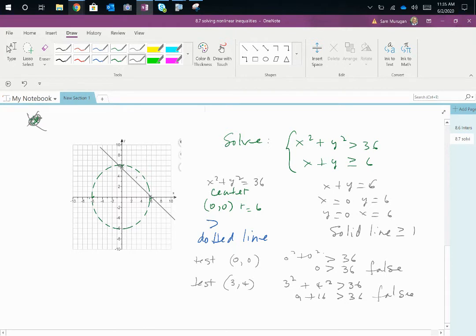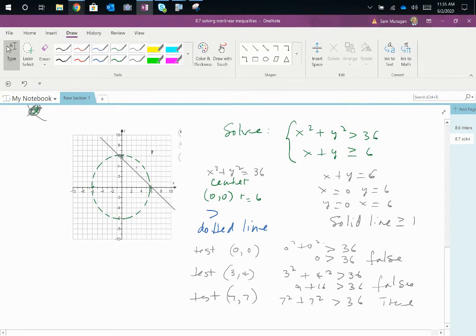So now let's go outside of the circle and test the points. You got a lot of points out here. How about 7 and 7 right there? Okay, test 7 and 7. That's 7 squared plus 7 squared is greater than 36. And this is true. Okay, 49 plus 49 is greater than 36.